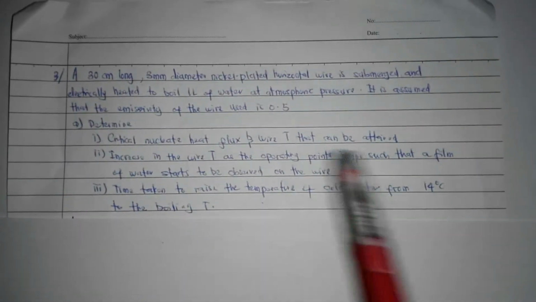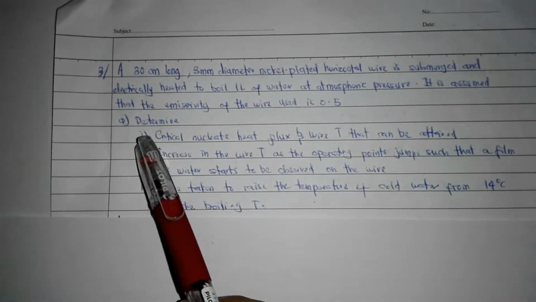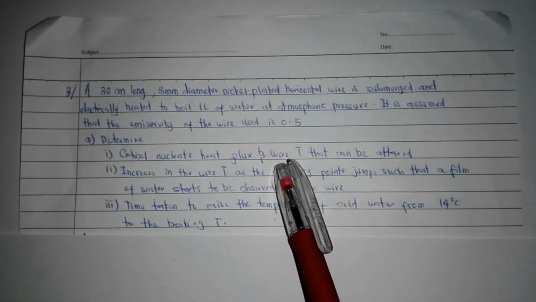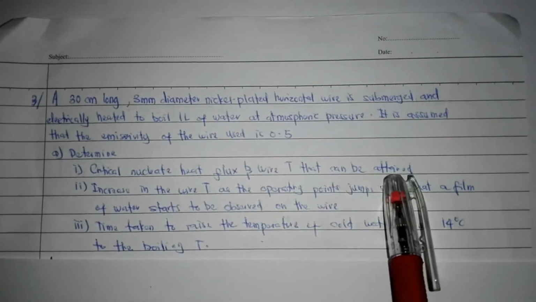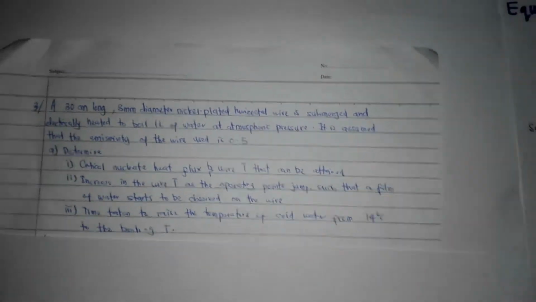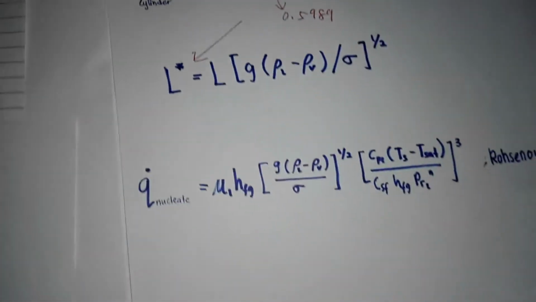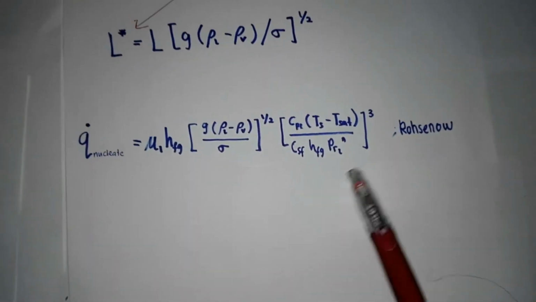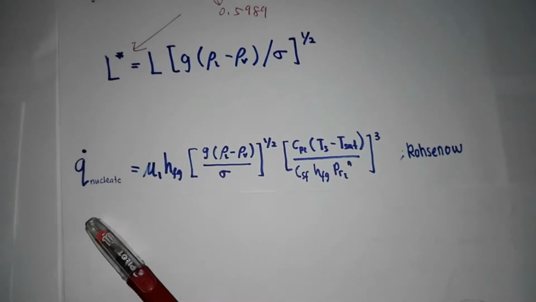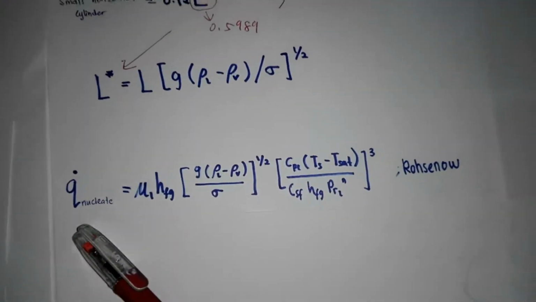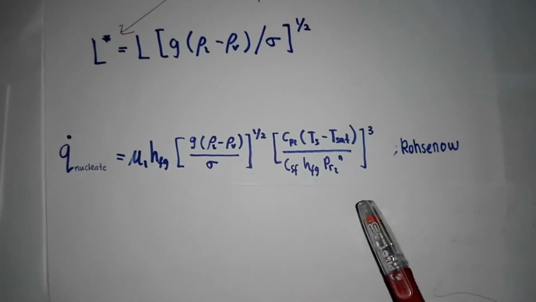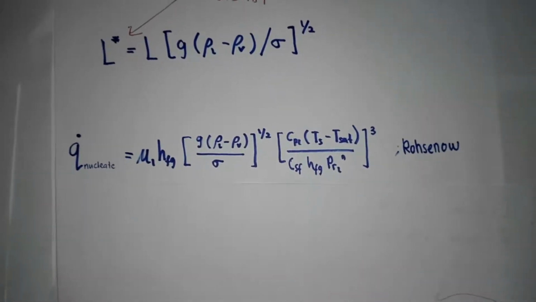Next, this question also wants us to determine the wire temperature that can be attained. So the equation to be used is the nucleate boiling heat transfer by Rohsenow. Why do we use the nucleate boiling heat transfer? Because the critical or maximum heat transfer is in the nucleate pool boiling.